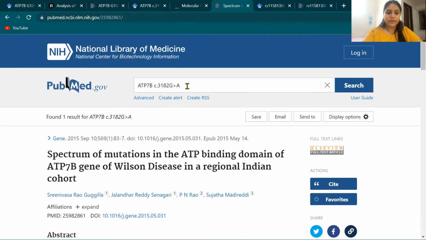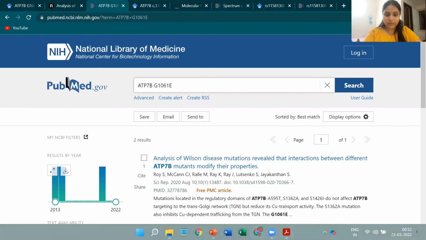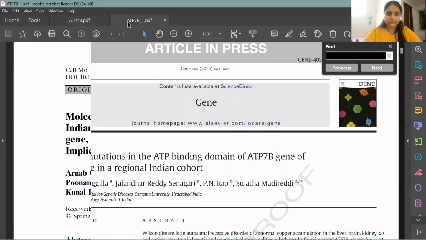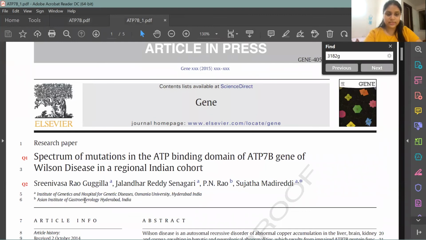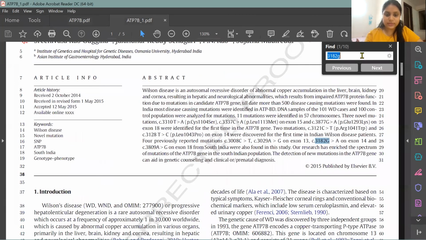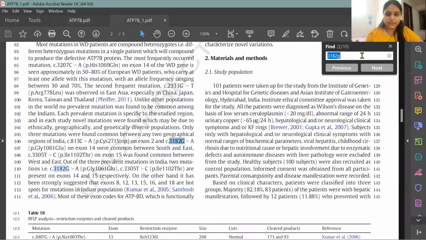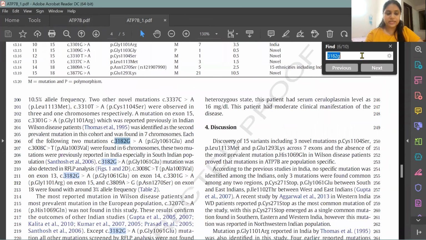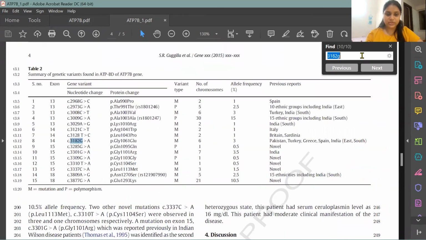When I searched PubMed for this particular variant, I downloaded and kept it separately. So it's this paper. When I searched the protein change or cDNA change, I could see that this was a population study paper which looks at the allele frequency in this population.